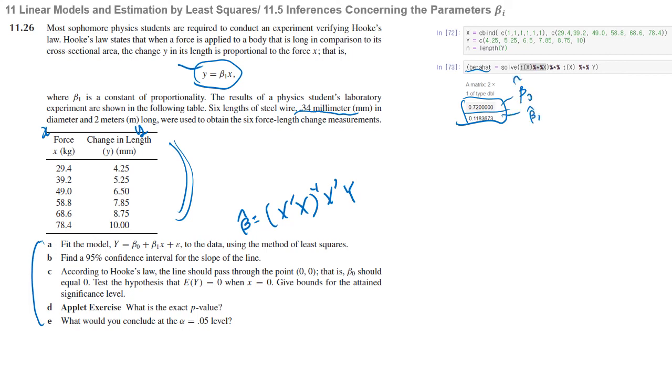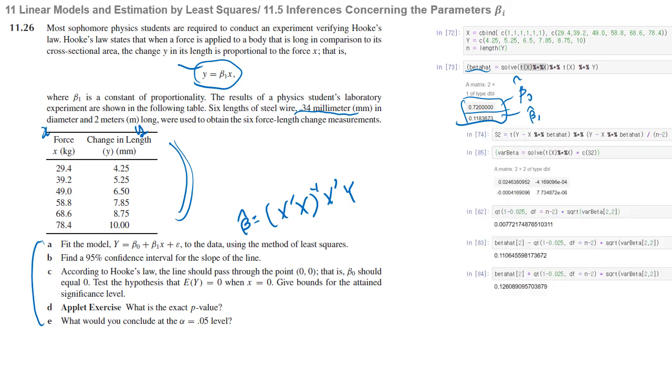Okay, let's move on to number B. Find a 95% confidence interval for the slope of the line. In the previous example question, I did it using the specific simple regression way. This time I solved it using matrix notation. S squared is (y minus x beta hat) transpose (y minus x beta hat) divided by n minus 2.